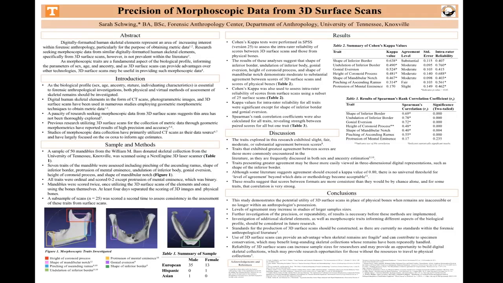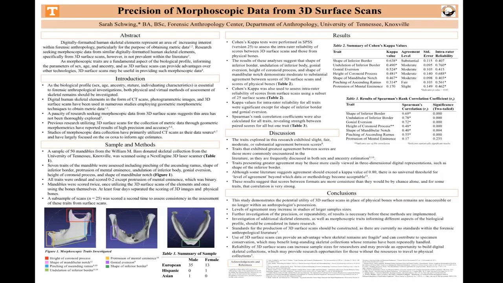And Sarah, for those who have come in late, can you give us a little bit of a summary about your poster? Yeah, absolutely. Really quickly, just before launching into my poster presentation, I'll tell you a little bit about forensic anthropology, just in case anyone here today isn't super familiar with it.